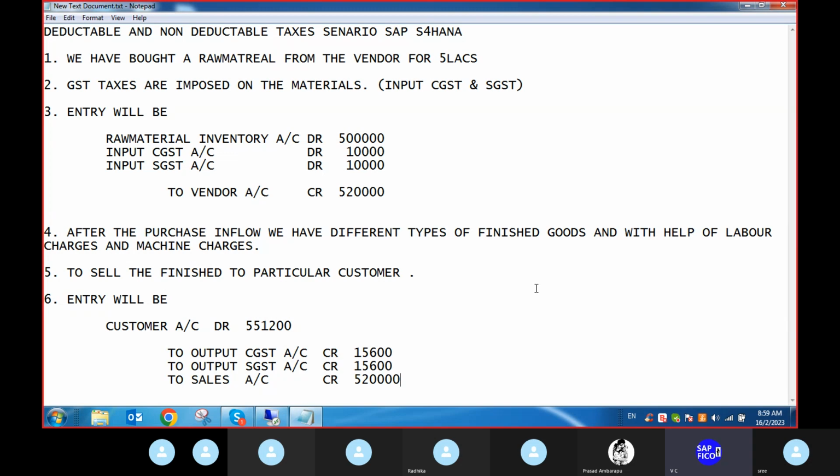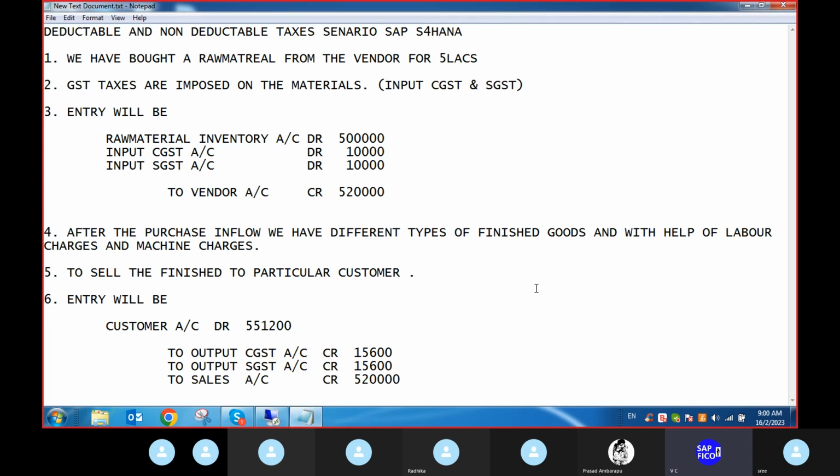See, deductible taxes means we have defined the accounting keys for the input CGST, input SGSTs and all based on the certain condition types. And also the main important thing here is we do have standards in SAP system.